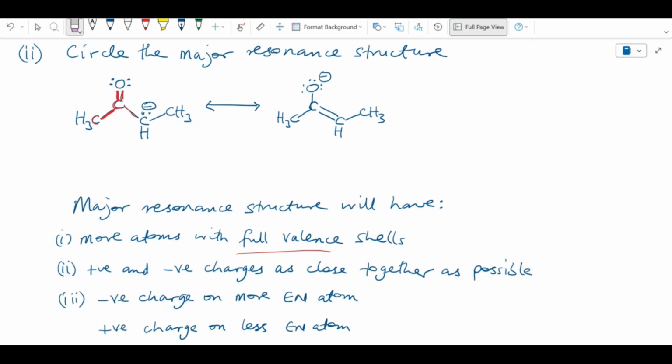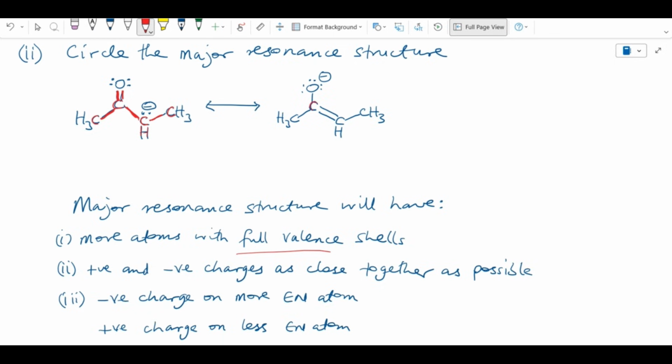So that has complete octet. This carbon has 1 bond to the hydrogen, which is 2 electrons. So that's 2, 4, 6, 8 valence electrons. The other carbon also has 8 valence electrons. 3 bonds with the hydrogen make 6 electrons, plus this bond here, making 8. So all the atoms here have full valence shell.